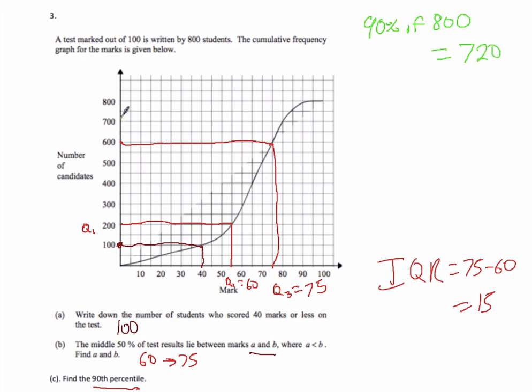So we need to go across from 720. That's 750, and 720 is right there. Then go down. We probably got about 82. So this answer is about 82%.